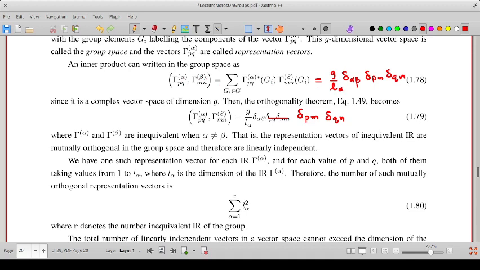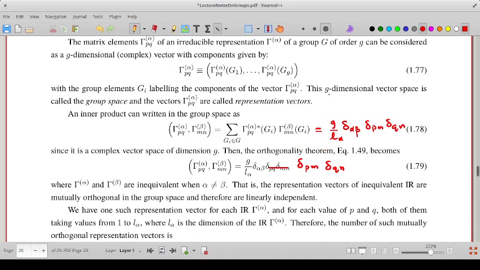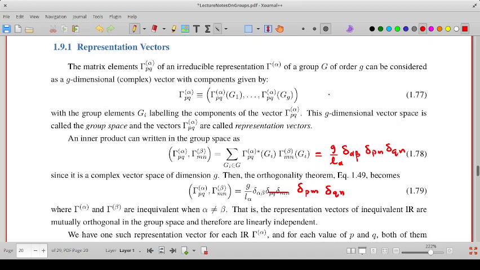That is, if alpha equal to beta, P equal to M, and Q is equal to N, then their inner product is equal to G by L alpha. Otherwise, if alpha and beta are different, it means they correspond to different inequivalent irreducible representations. So the representation vectors corresponding to two different inequivalent irreducible representations are orthogonal to each other.